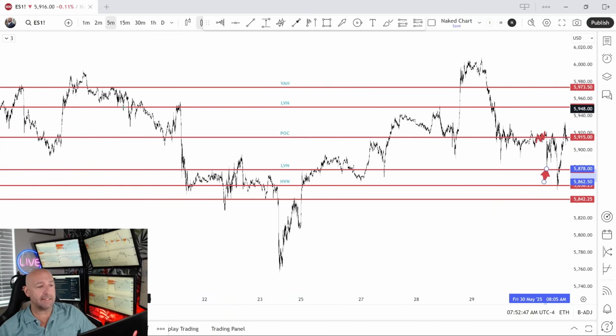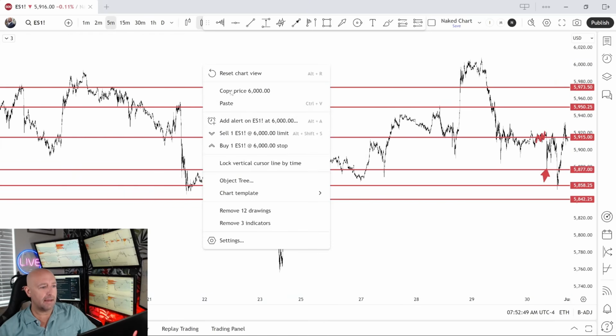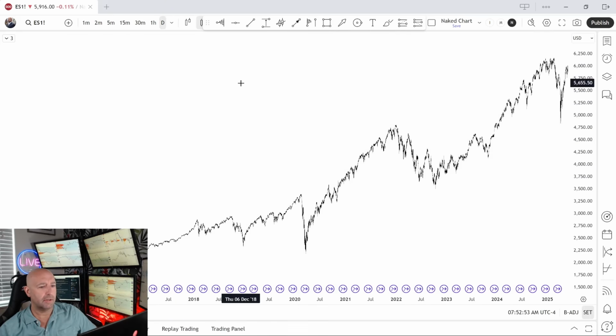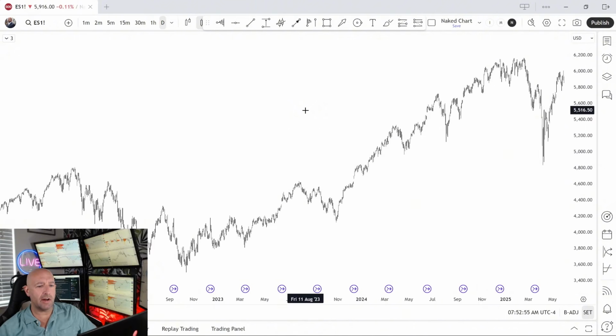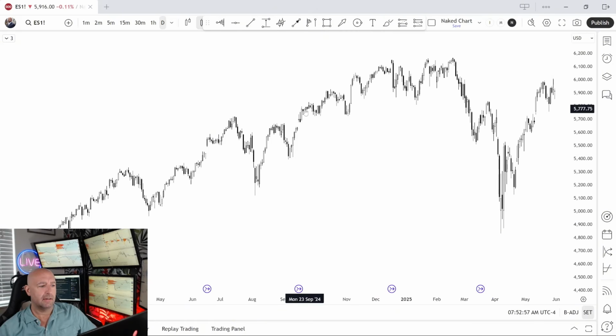Now this same process can happen on the daily chart. So here's my daily chart on ES. We can see data in a range going all the way back to January of 2024, about a year and a half worth of data.